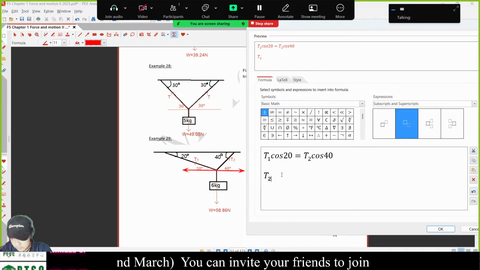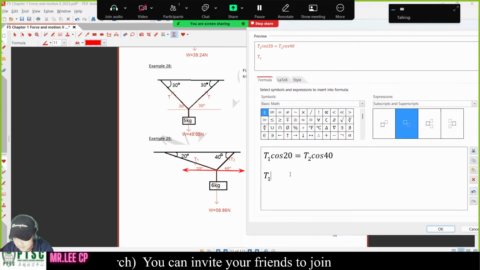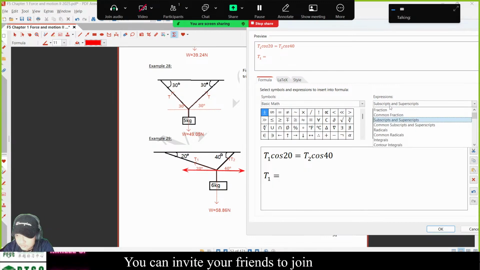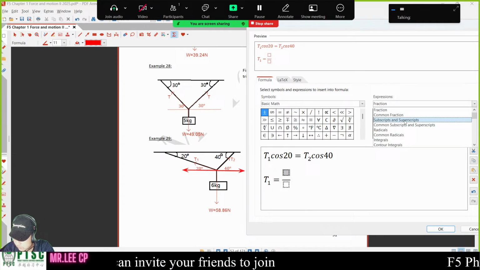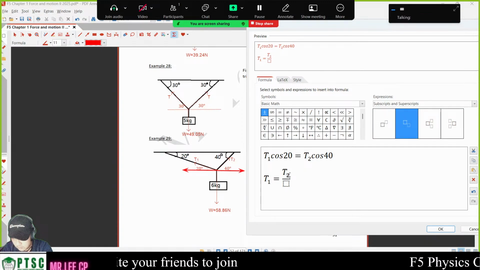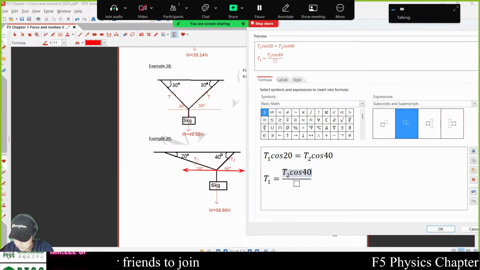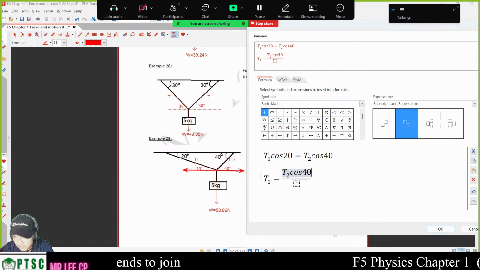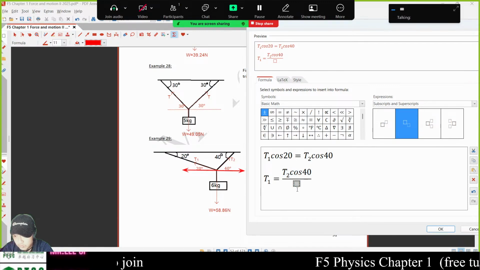T1 is equal to T2 cos 40 divided by cos 20.